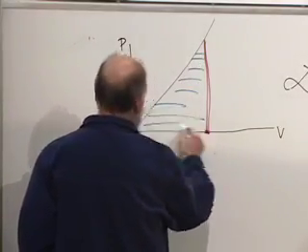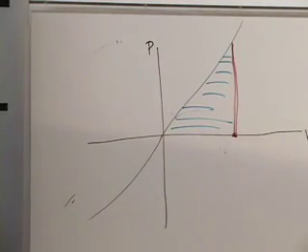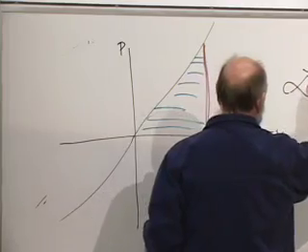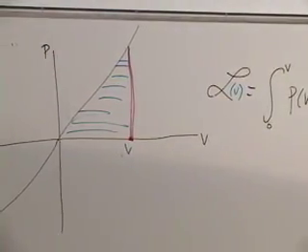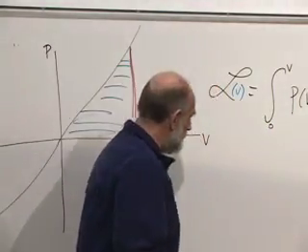This is not a triangle, it's a curve. That's the integral of p of v dv, and it's L at point V. L of V has the property that if you differentiate it with respect to V, you get p.